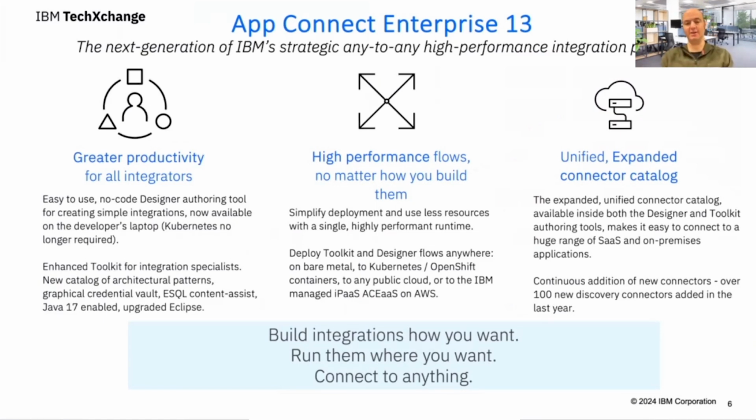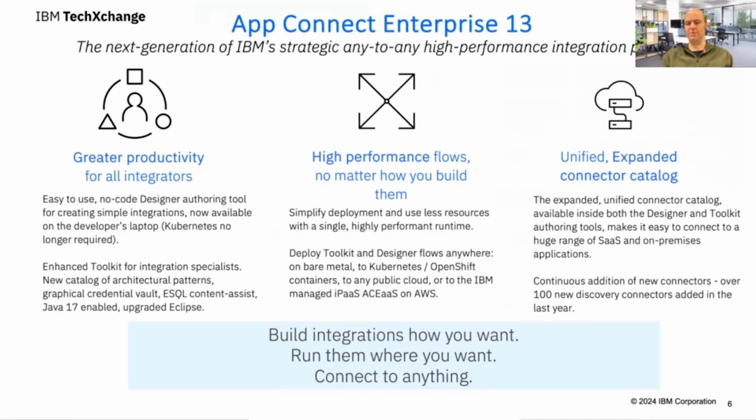And finally, the other pillar that we've built our release on is connectivity. We've got lots of new Discovery connectors in the toolkit, connecting to over 100 different cloud services and newer style endpoints. Plus, we've got the existing connectors: MQ, HTTP, TCP/IP, all that base functionality.